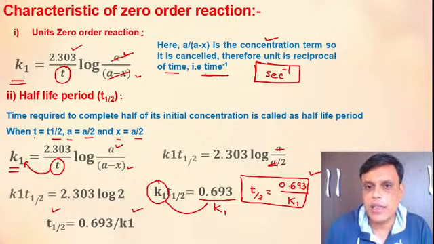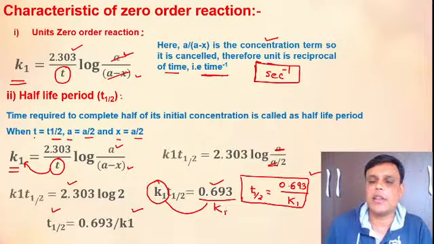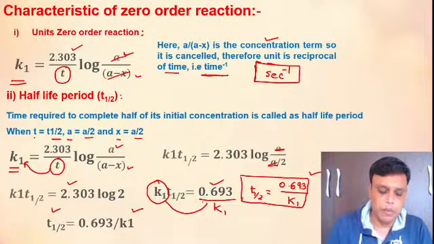So this a and this a will get cancelled. We will end up with 2.303 into log 2. Take the log 2 and multiply that value by 2.303. We will get 0.693. And if you rearrange as per t half, you will get 0.693 divided by K1. This is your half life period.